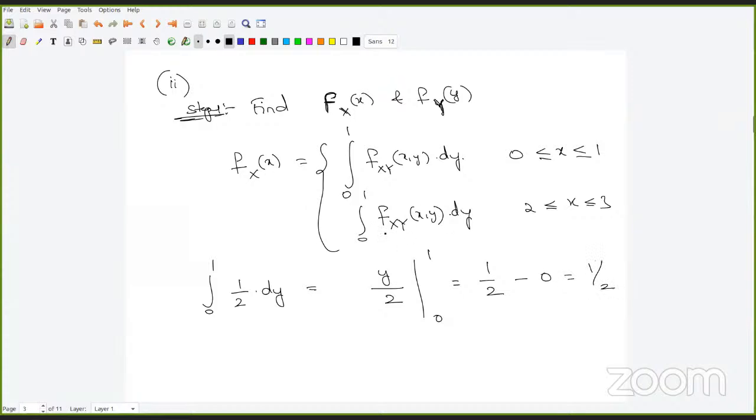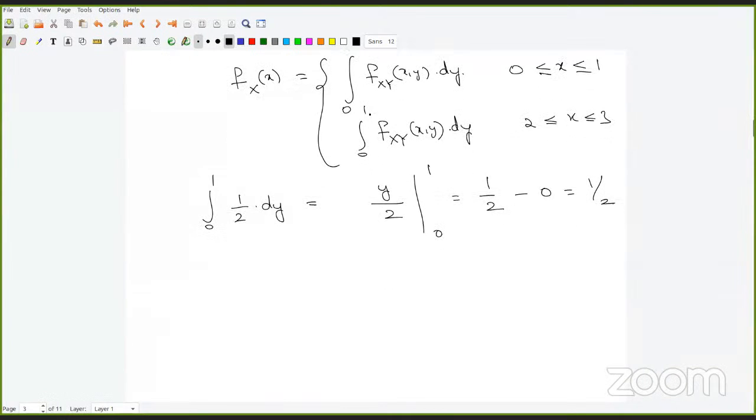Even if I compute the other region, I will get half only. Correct? Yes, sir. So fx of x will be half when x is in between 0 to 1 and 2 to 3, and 0 otherwise. So this is the marginal density of x.